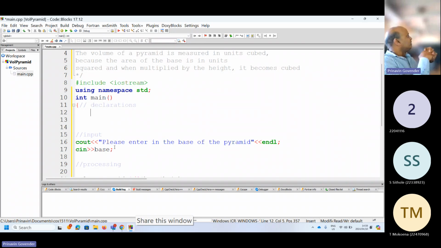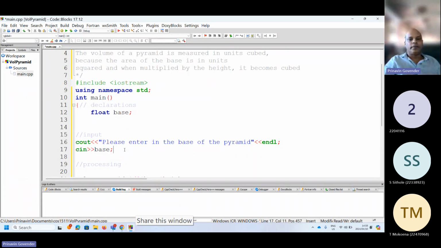The base of the pyramid. Hello? Base? Float. Okay, float. Float, base.